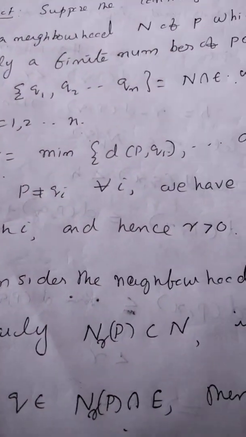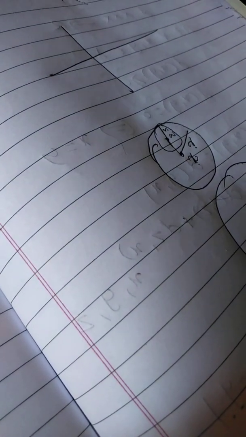Now, consider the neighborhood. We have p as a point, and we take a neighborhood N which contains a finite number of points, and choose r to be the minimum distance from among d(p,q_1), d(p,q_2), ..., and find this neighborhood.